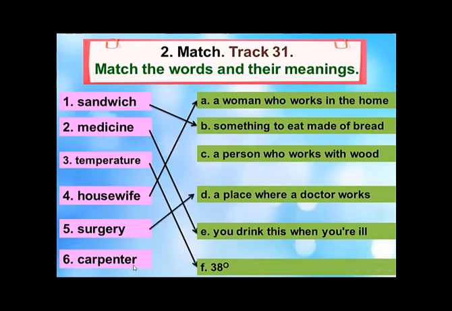We still have carpenter, it means najjar. He's the person who works with wood. You know what's the meaning of wood, khashab. Yes, this is an important exercise I want you to practice and repeat the video many times to practice these words and their definitions, their meanings, yes. Now let's move to exercise number 3.